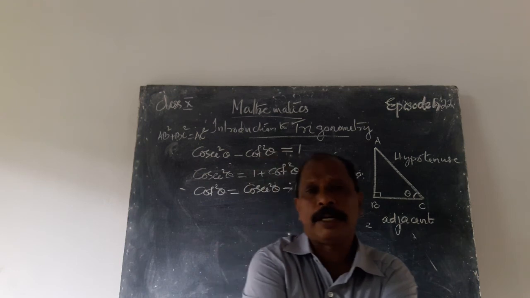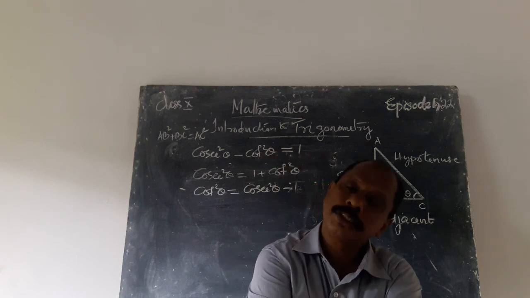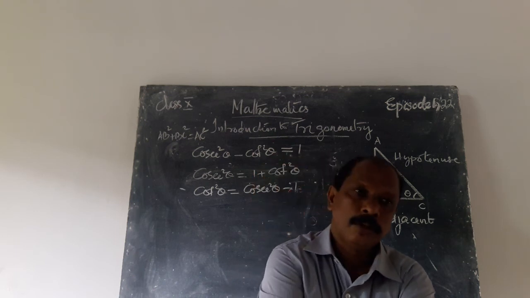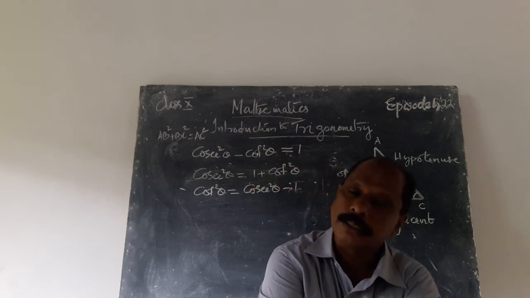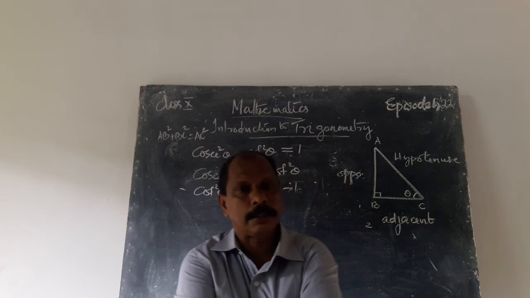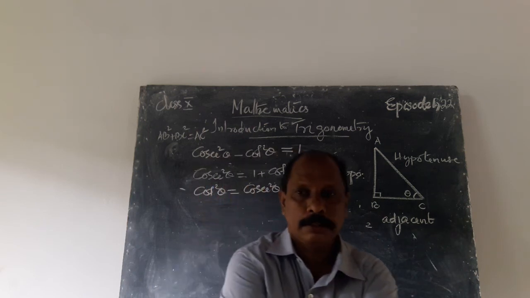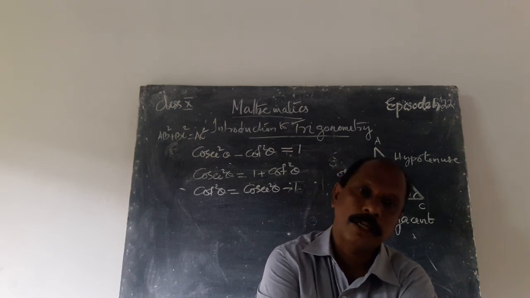Therefore, we know that 1 by sin theta, what is it? Cosec theta. Therefore, 1 by cosec theta is sin theta. 1 by cos theta is sec theta. Therefore, 1 by sec theta is cos theta. 1 by tan theta is cot theta. Therefore, 1 by cot theta is tan theta.